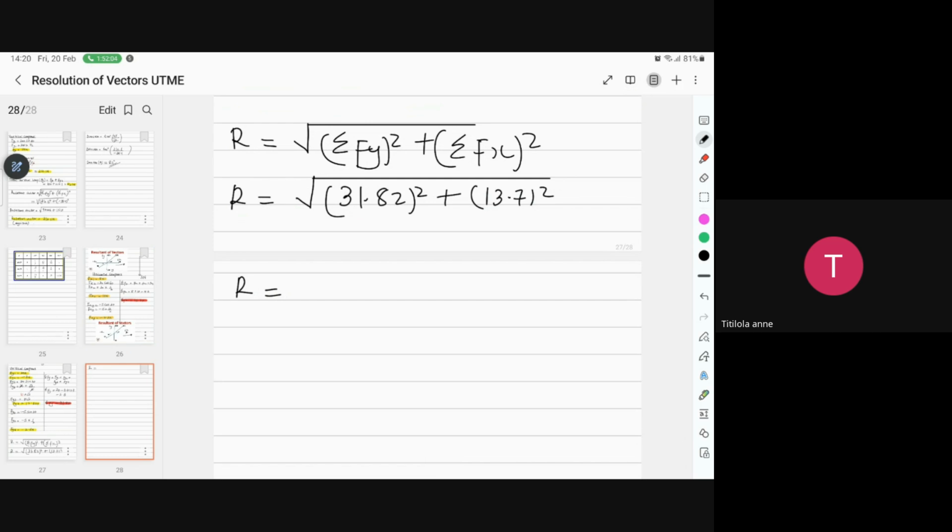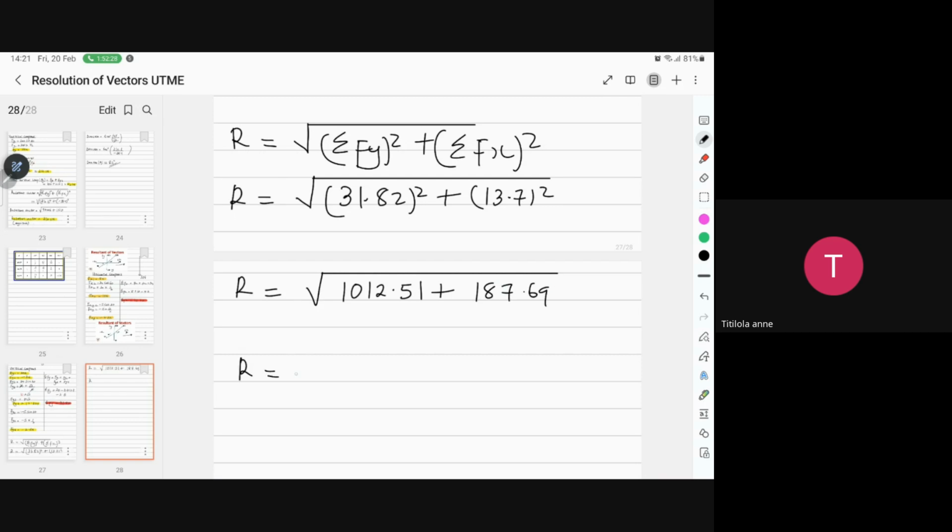Okay, let's take it one after the other. 31.82 squared will give us 1012.51 plus 13.7 squared. That will give us 187.69.